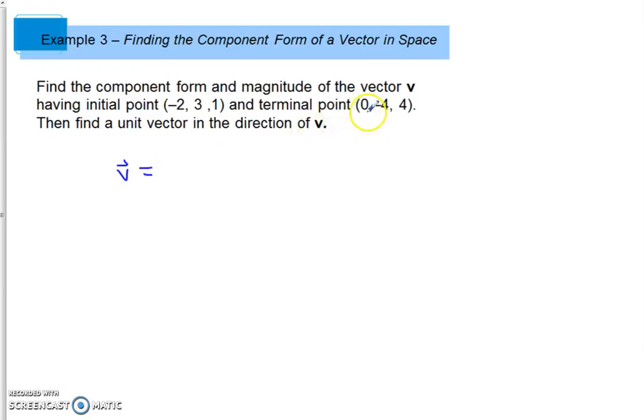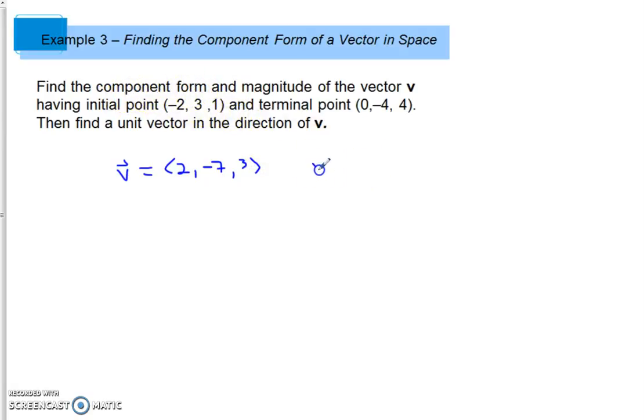And this is the terminal point, so 0 minus -2 is 2. -4 minus 3 is -7. 4 minus 1 is 3. Okay, so that's its vector.